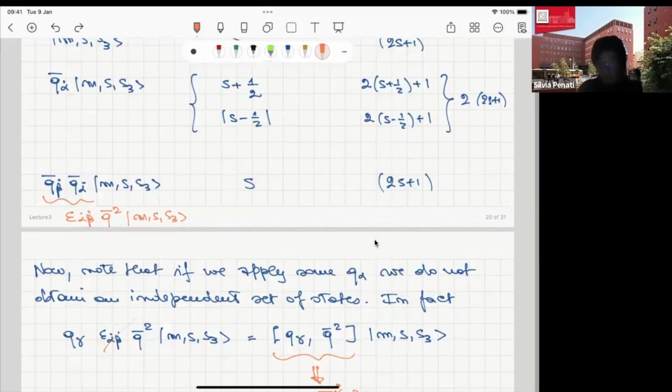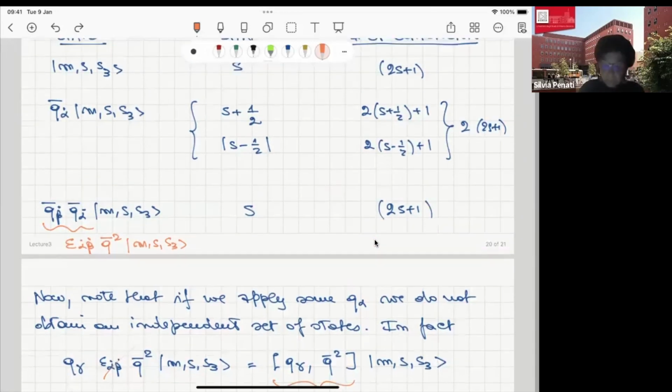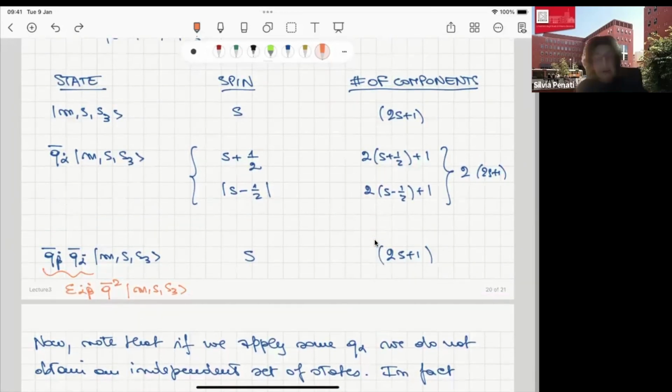Okay, starting from this observation, I can conclude that the set of 3 steps that I realize here completes the construction of this representation generated by this Clifford vacuum.